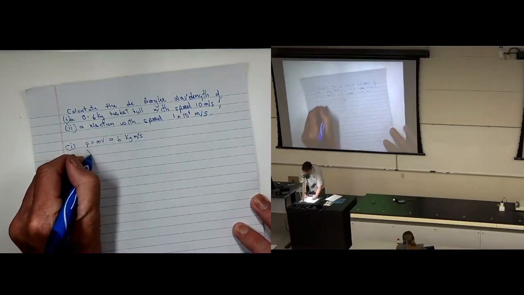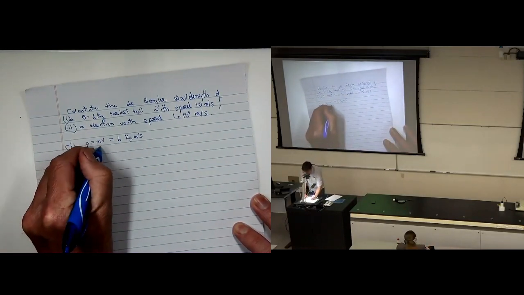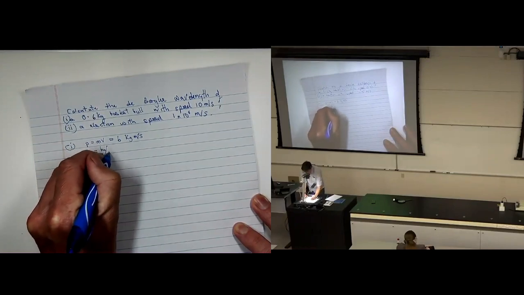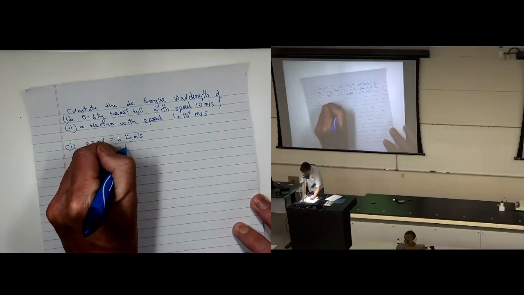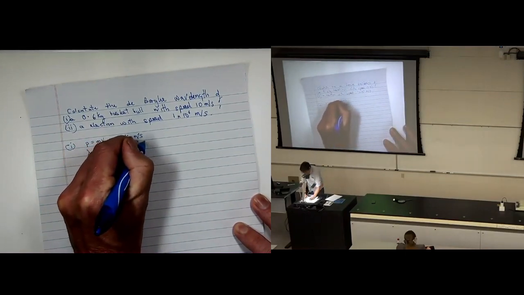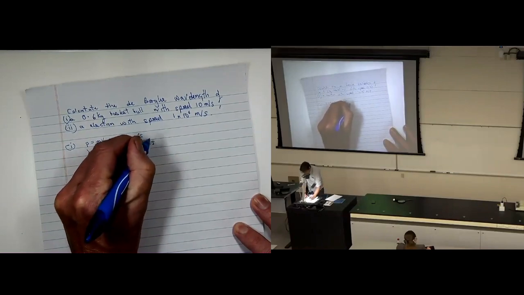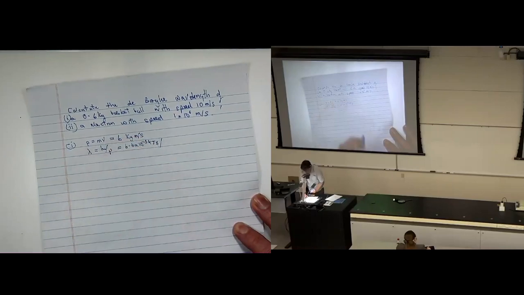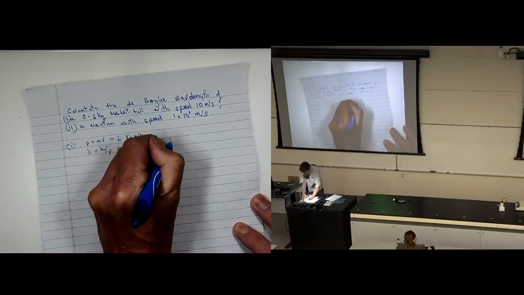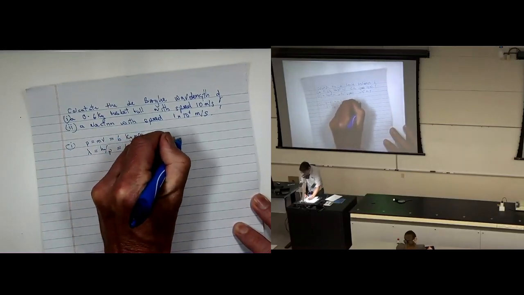And then if I want the wavelength of the particle, I just got to take Planck's constant and divide it by that momentum. So Planck's constant is 6.6 times 10 to the minus 34 joule seconds, divided by my 6 kilograms meters per second.